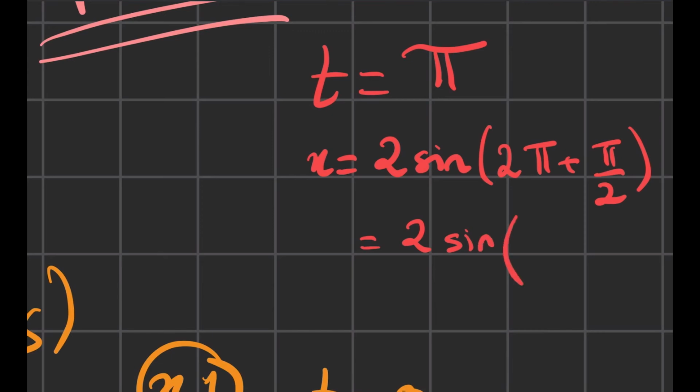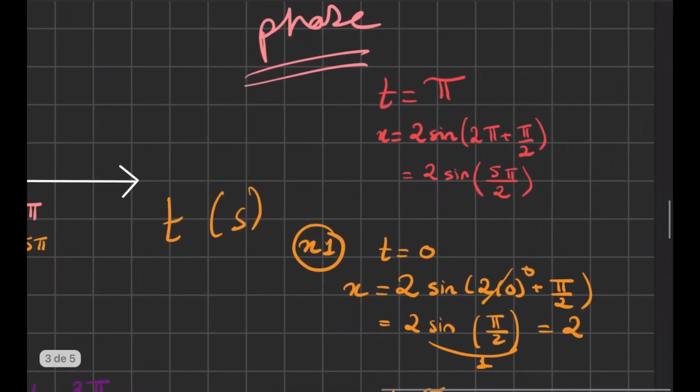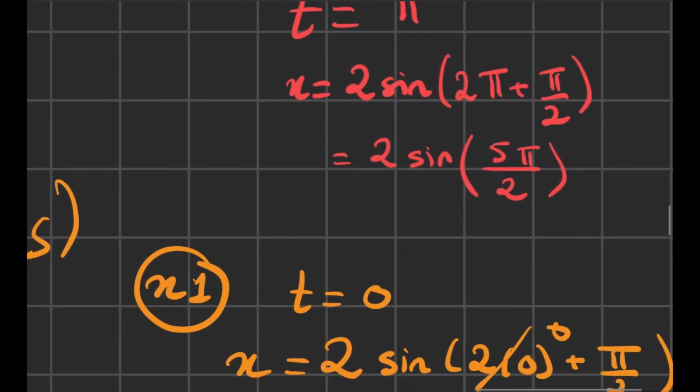That is equal to 2 sine 5 pi over 2. You know that 5 pi over 2 is simply 2 pi plus pi over 2.